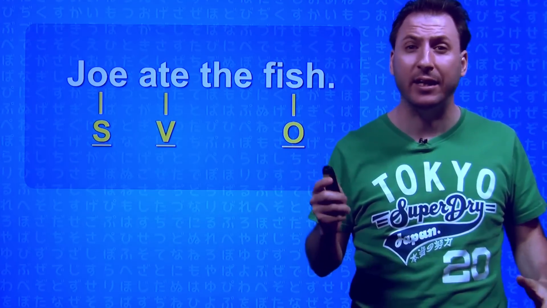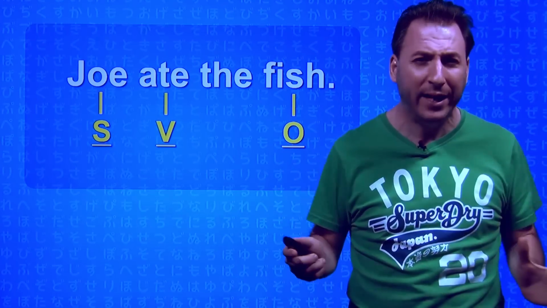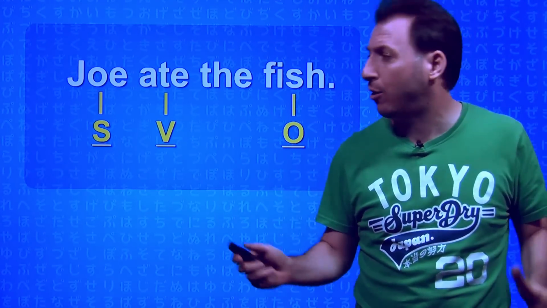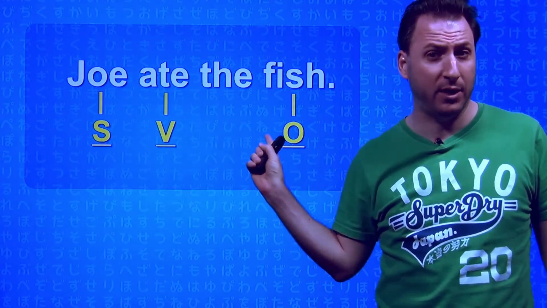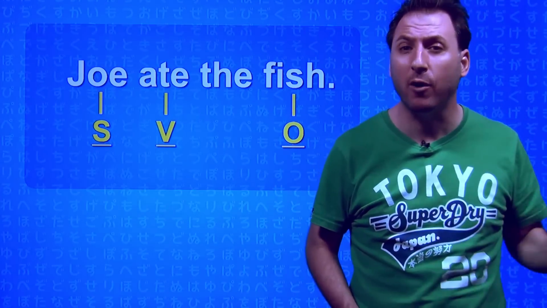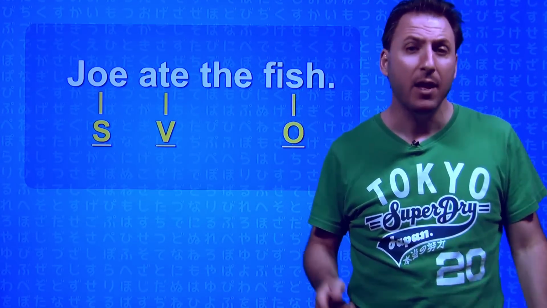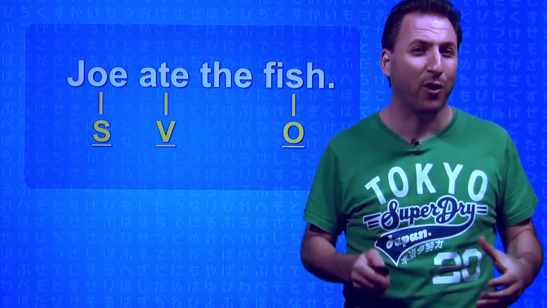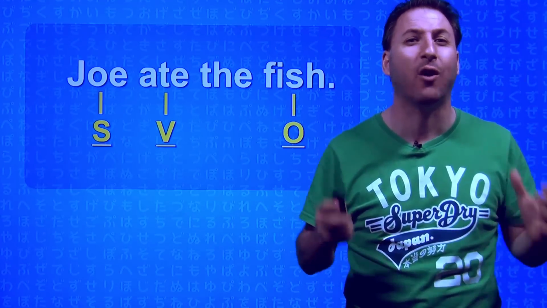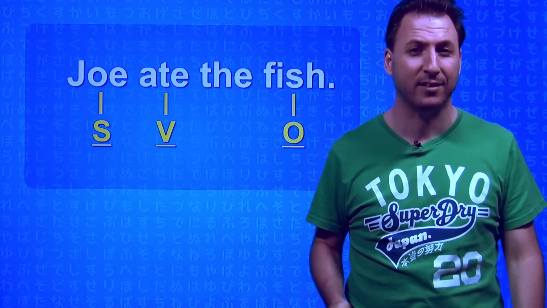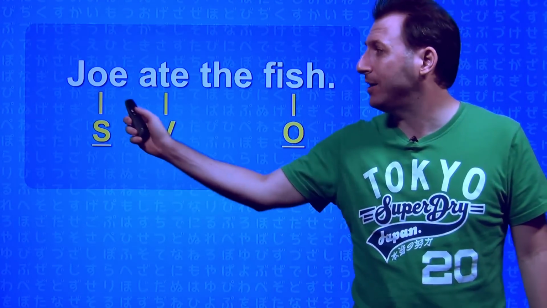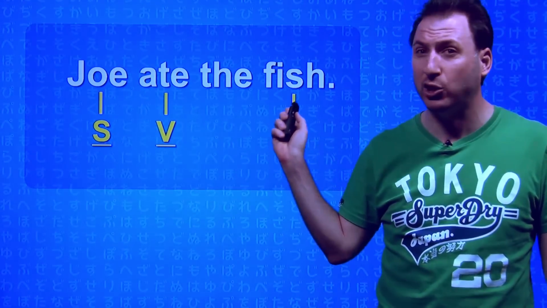But if you understand that English is always SVO no matter what, it doesn't matter what comes here and what comes here. Whatever comes before the verb in English is the subject, and whatever comes after the verb in English is always the object, at least in this case. So for example, if I switch Joe with the fish, watch what happens.